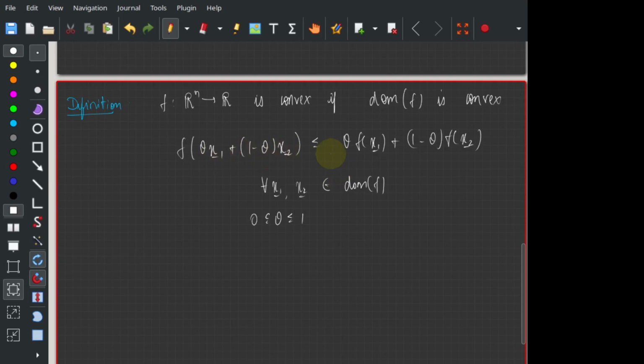But by definition, what is a convex set? If the domain is not convex, then theta x1 plus 1 minus theta x2 may not be in the domain of f. So this definition can make sense only if the domain is convex, because it has to be closed under convex combinations. That's why we want the domain to be convex as well. Right? Make sense?